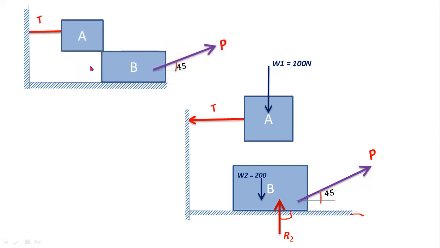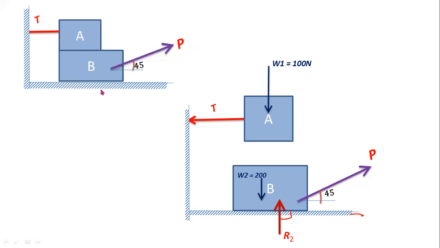Here from the given diagram, first of all, you have to identify the moving surfaces and fixed surfaces. This bottom horizontal floor is a fixed surface. There is no motion, and block B and A both are movable bodies.